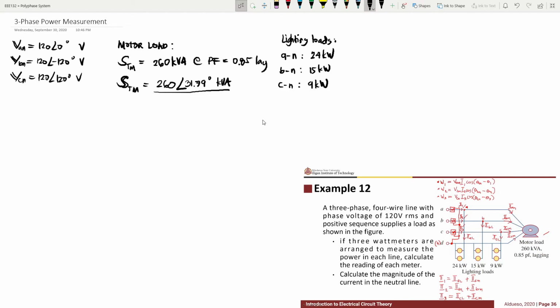Now, when we have the total complex power, remember that our total complex power is equivalent to 3 times the V phase times the conjugate of the I phase.